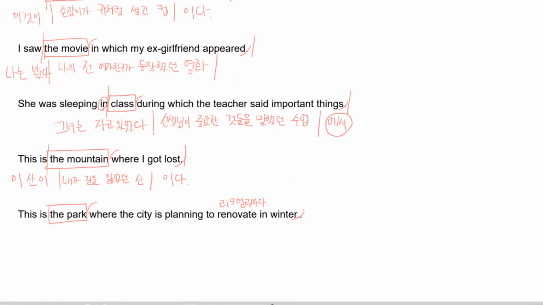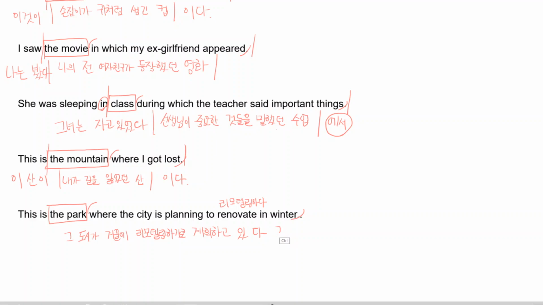So the city is planning to renovate. 그 도시가 겨울에 리모델링 하기로 계획하고 있다. 공원 doesn't make sense, right?